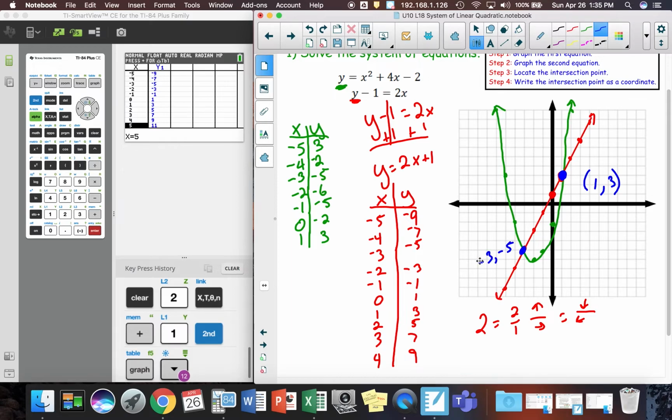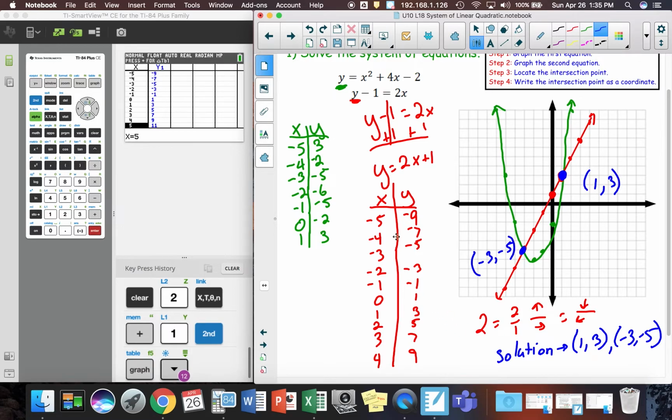And these are my two solutions right here. So you can even write it out as the solution is 1, 3 and -3, -5. And that's how we find it using the graph.